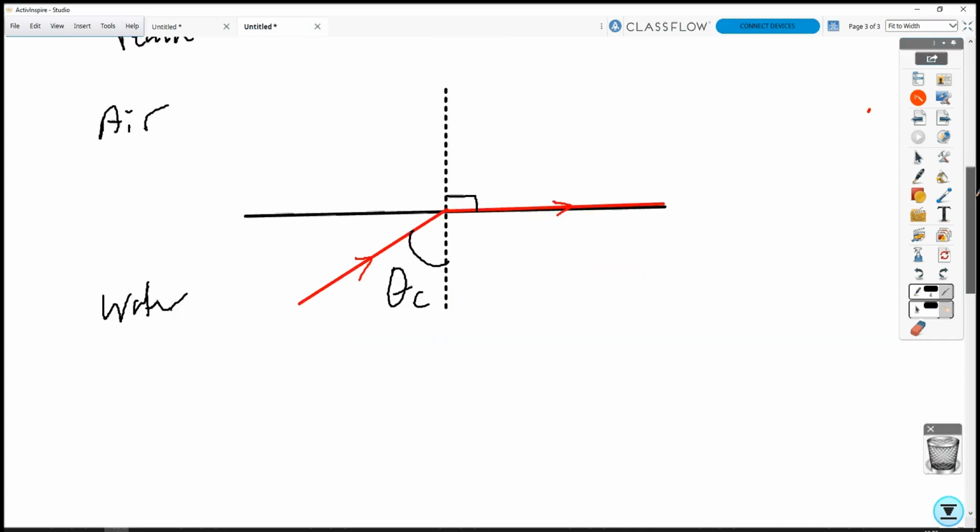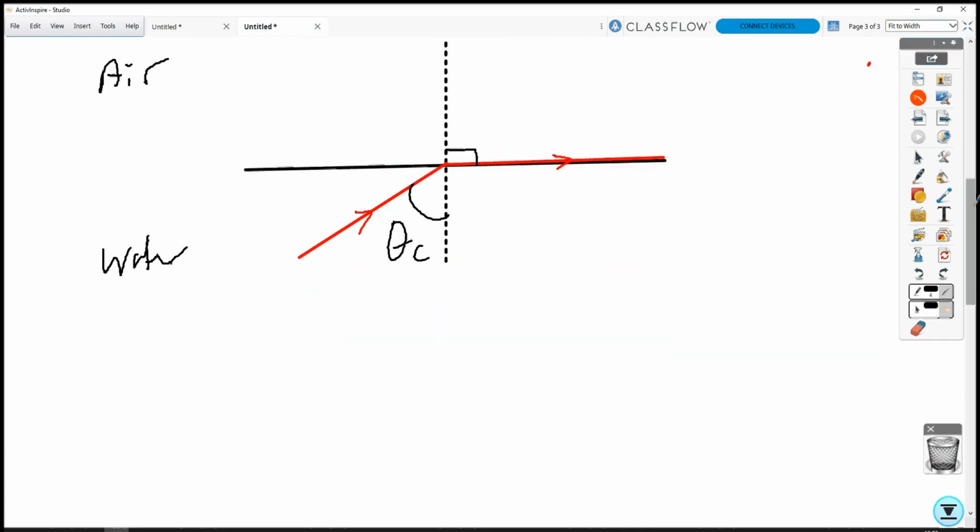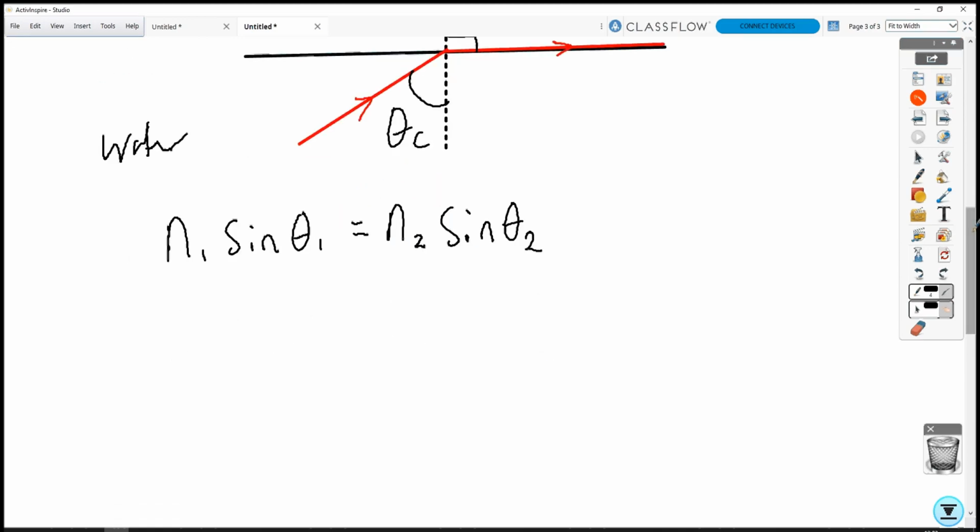So, if we look at what's happening in this situation, you start with n1 sine theta 1 equals n2 sine theta 2. When you reach the critical angle, you've got n1 sine theta critical is equal to n2 sine 90.